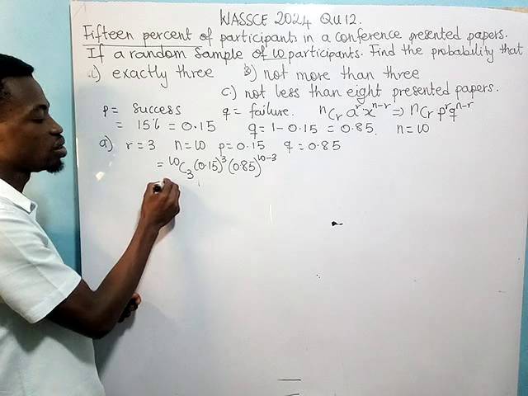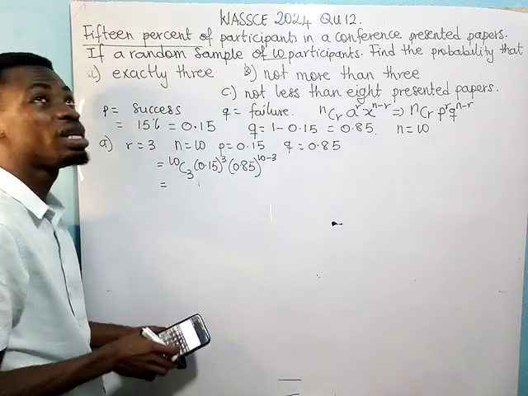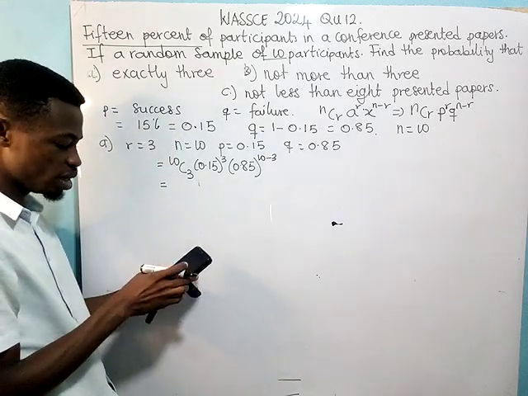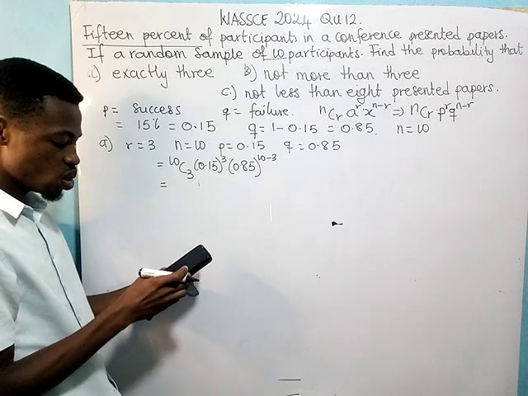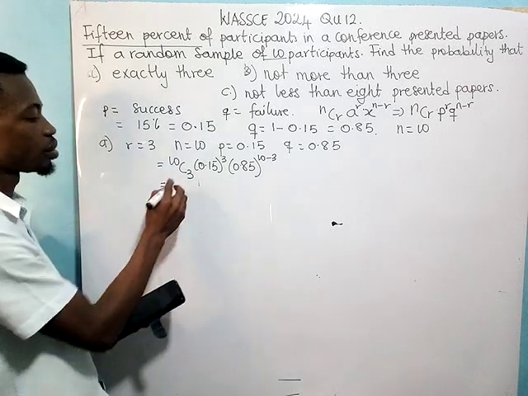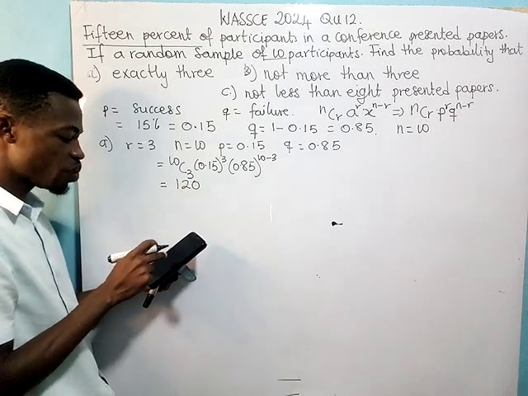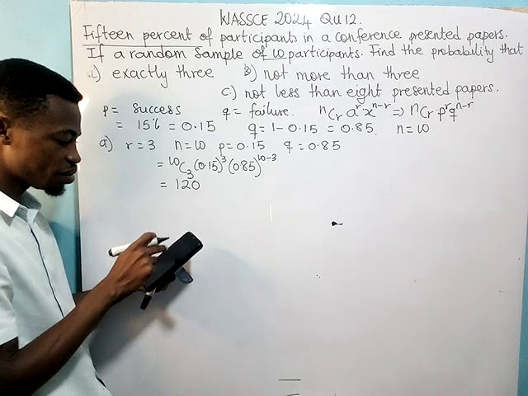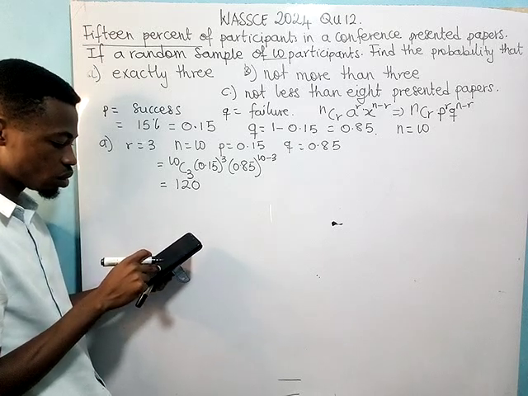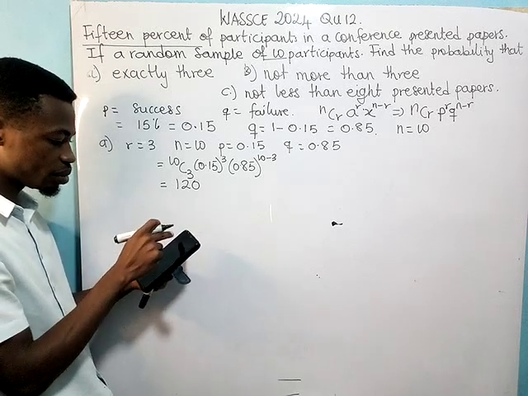Now let's use our calculator. 10 combination 3 is 120. Then 0.15 to the power 3.